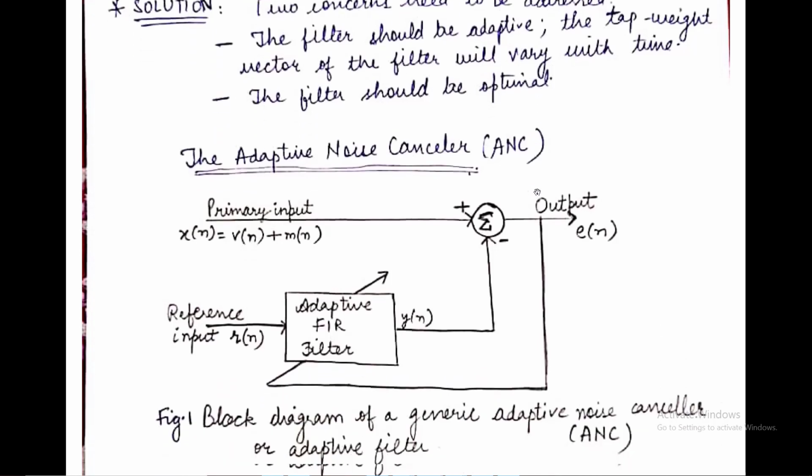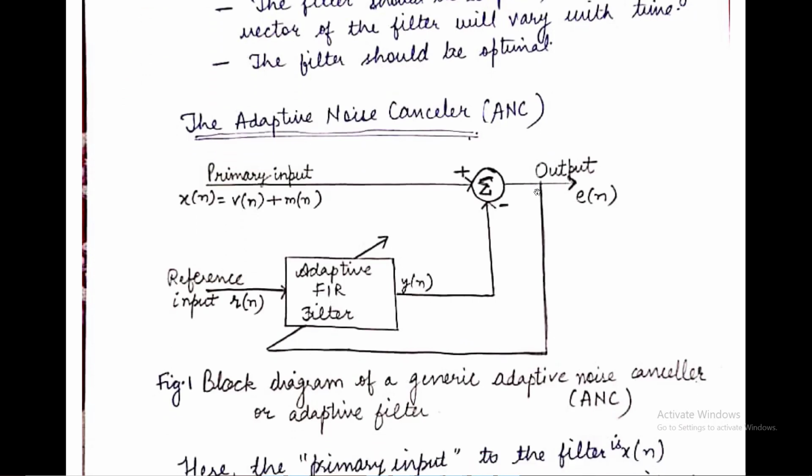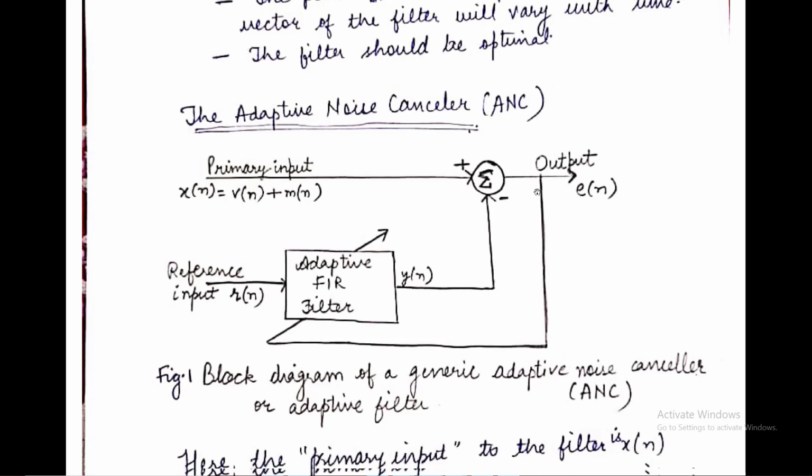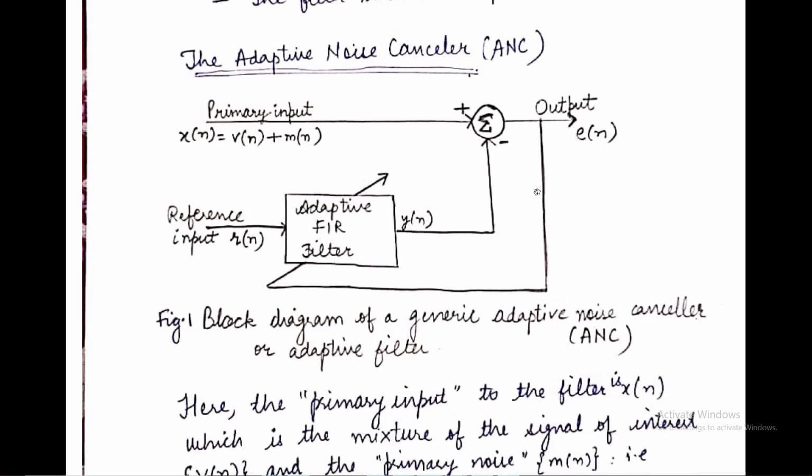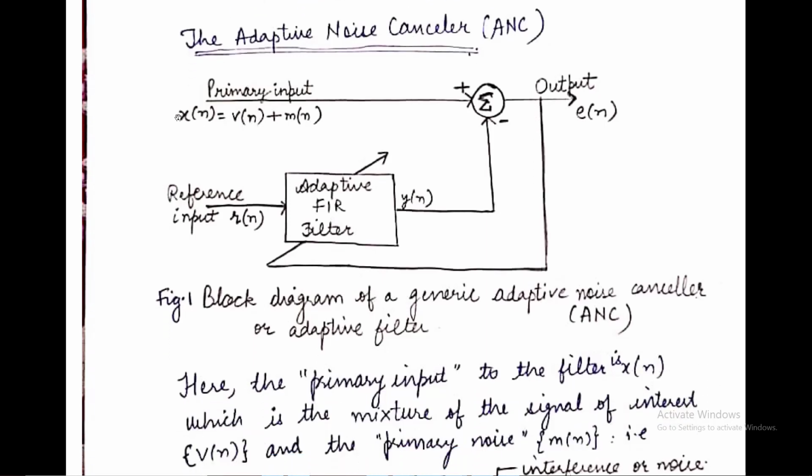Now you can see this diagram. This block diagram represents a generic adaptive noise canceller, or we can say an adaptive filter. Here the primary input to the filter is Xn, which is the mixture of the signal of interest, that is Vn, and the primary noise, here Mn.